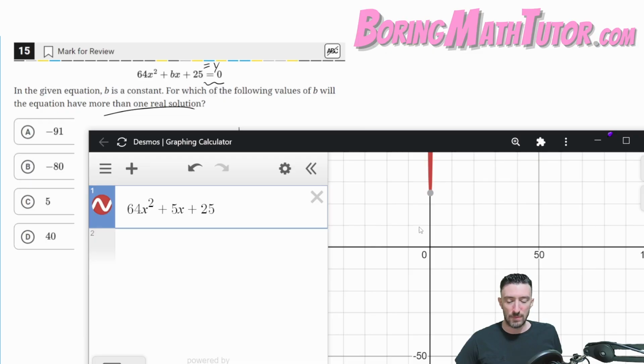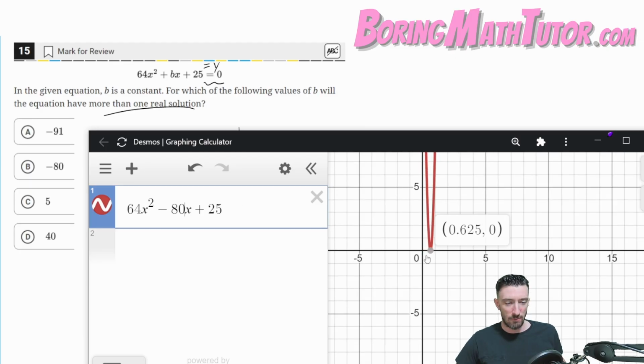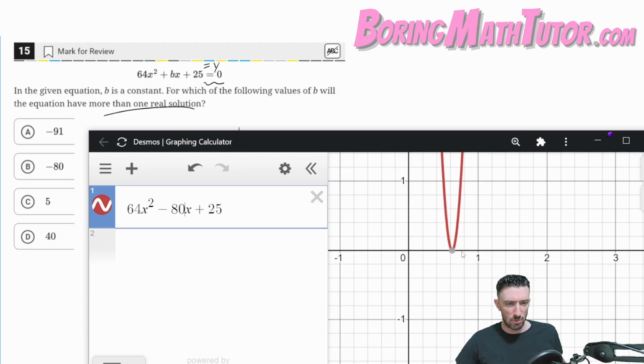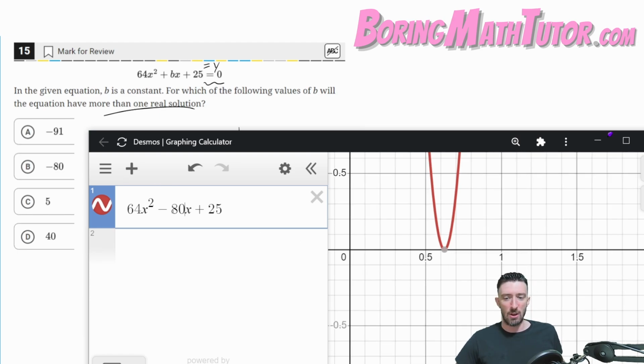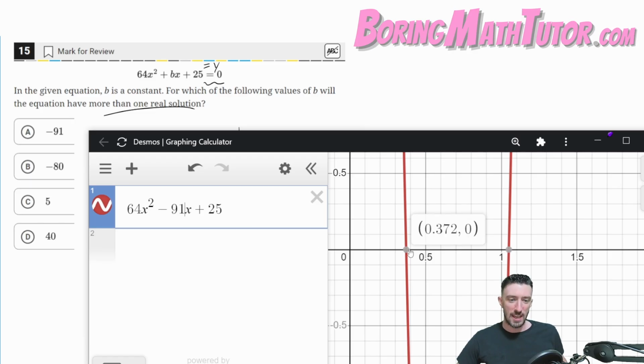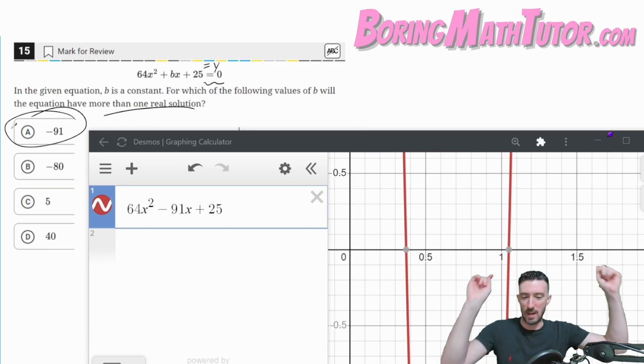And okay, still a little bit too much jank. And now we're going to put a -80, and we're going to zoom in, and we can see, oh, okay, it looks like there's just one x-intercept. So y'all already know what the answer is, but everybody wants to see it. Look at that, 2 x-intercepts. That's our dude right there. We're done.